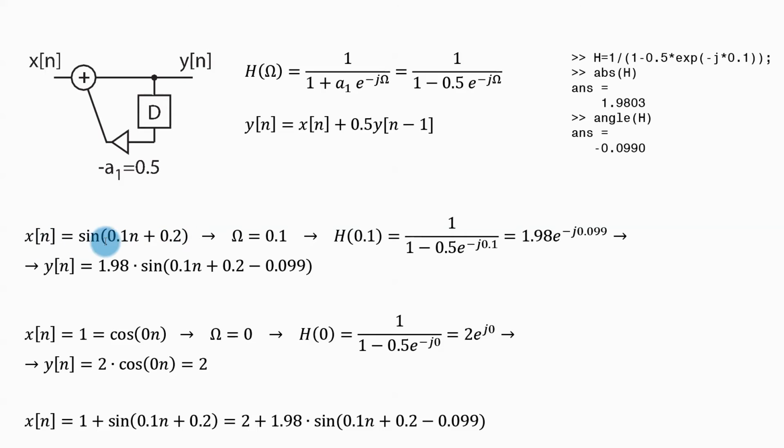So if this is my input signal, then this is going to be my output signal. It's this signal, except it is being amplified by 1.98, and it is being phase shifted by minus 0.099. And I can get this purely from the frequency characteristic, and I don't need to compute this difference equation.